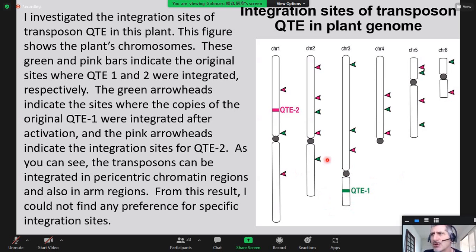And the pink arrowheads indicate the integration sites for QTE2. As you can see, the transposons can be integrated in the pericentric chromatin regions and also in the arm regions. From this result, I could not find any preference for specific integration sites."